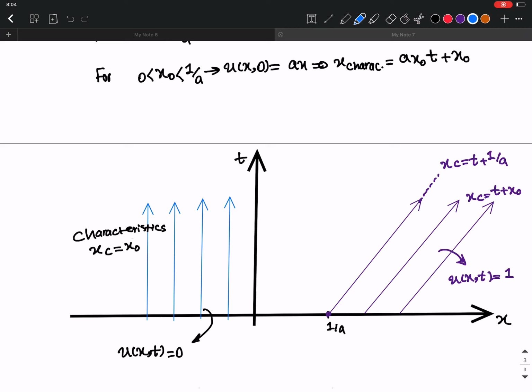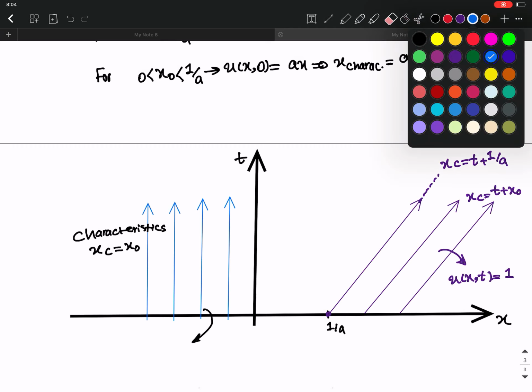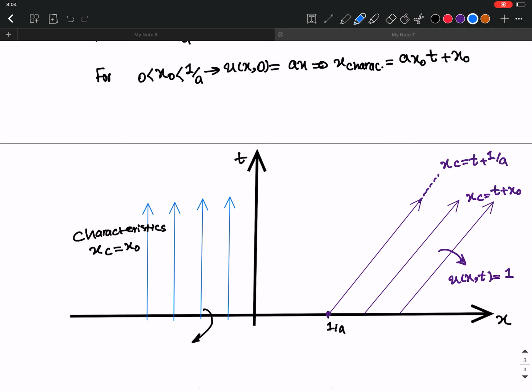Let me make this blue to be consistent. So here u of x and t is 0.